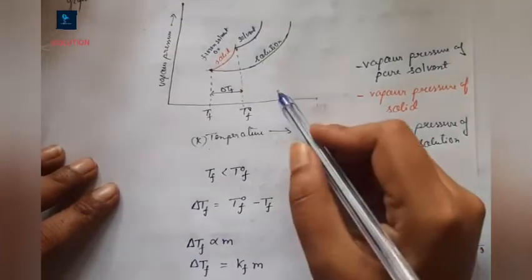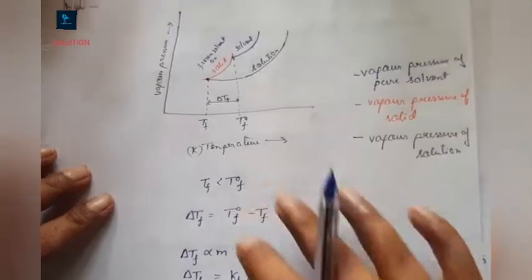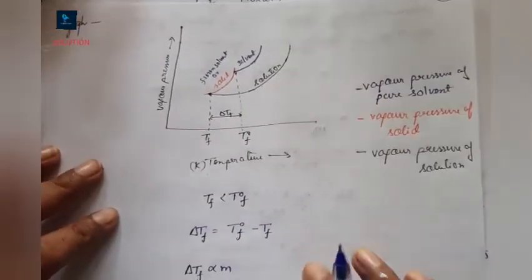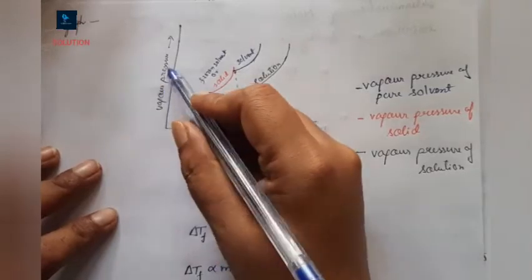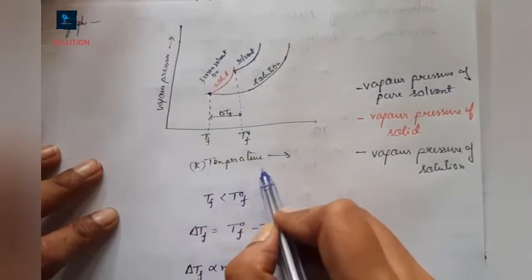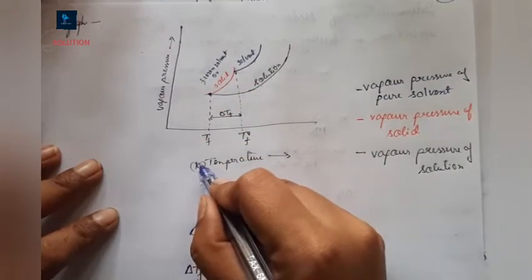Look at this graph now. This is showing you the freezing point. This is vapor pressure and this is temperature, which is represented in Kelvin.